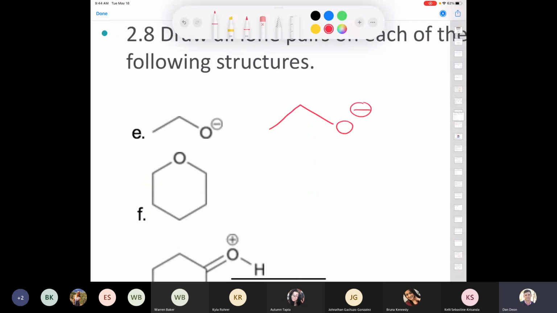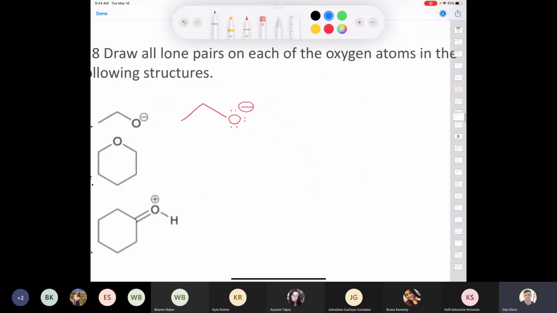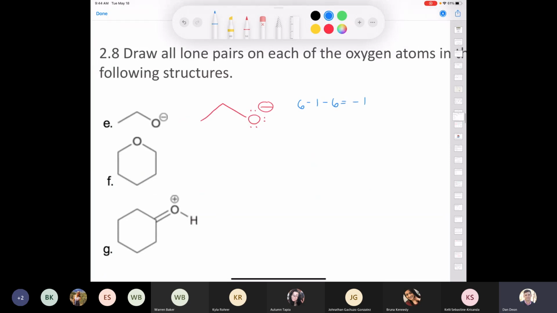Oftentimes we leave lone pairs out in organic chemistry, but can anybody tell me how many lone pairs there should be on this oxygen atom in order for it to have a -1 charge? Exactly, it should have 3 lone pairs. 1, 2, 3. Right? Why? Because when you take 6 minus 1 stick and 6 dots, it gives you -1.